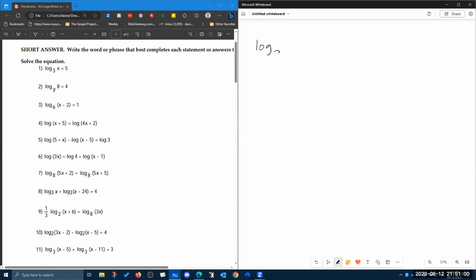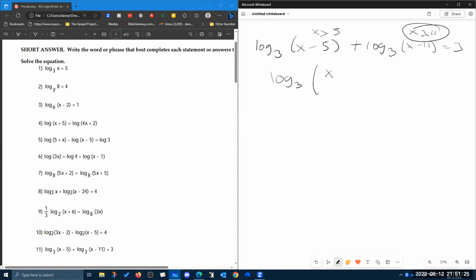Log base 3 of x minus 5 plus log base 3 of x minus 11 is equal to 3. X greater than 5, x greater than 11, x greater than 11 wins. So that's my domain. Log base 3 of x minus 5 over x minus 11 equals 3.